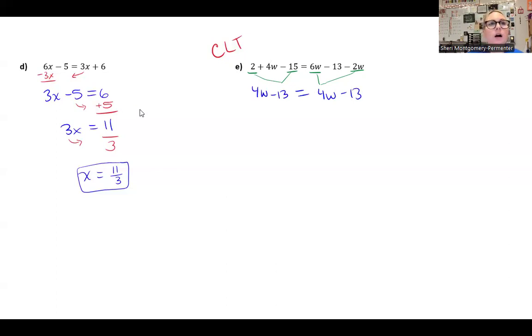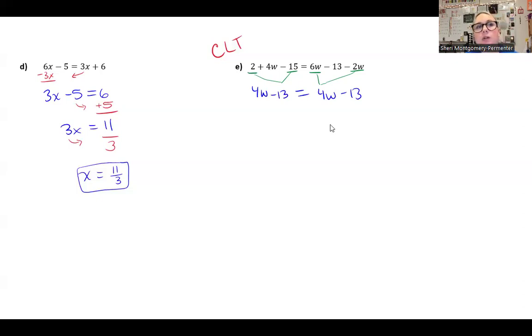Very good. All right, now I need to get the four W's on the same side. Which one is bigger, 4 or 4? When it is exactly the same, they are both positive 4W, they cancel each other out.